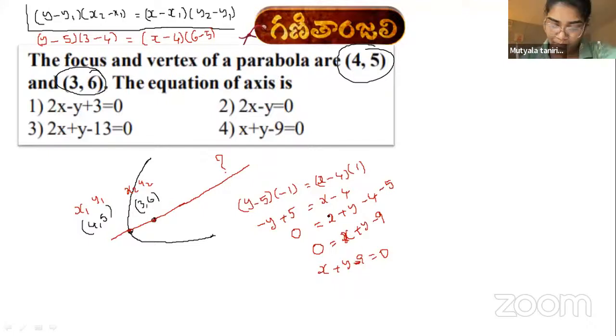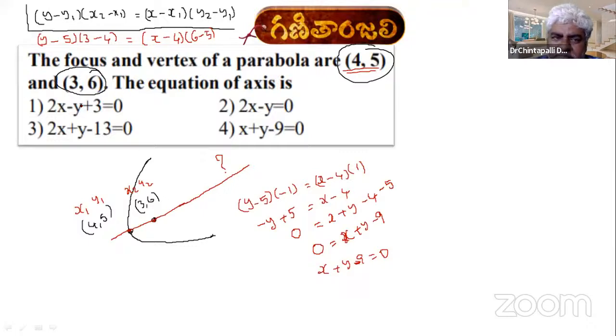But there is an alternative method to identify the option. It is not the procedure to find the equation, it is the procedure to identify the correct option. Just plug in (4,5) in the first equation.